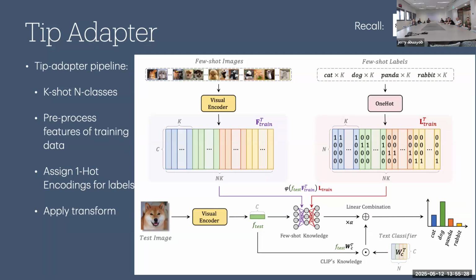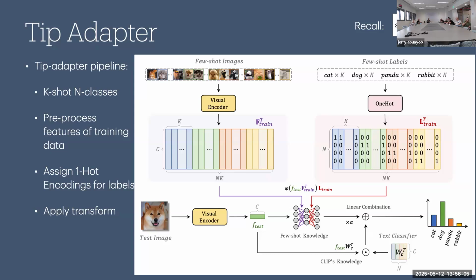Okay, so we have, let's say, n classes, and they are sorted over here so we can have a much easier look at what it does. It's a matrix with rows of C and n times k samples, and it's simply a concatenation of all of the features that are the outputs of the visual encoder. And we have the one-hot encodings for the labels in the L-train matrix on the right. Okay, and they sorted it in a nice way so we can really see it clearly.